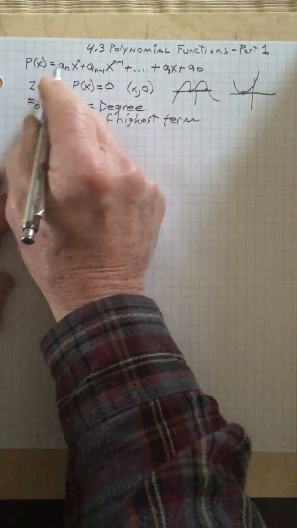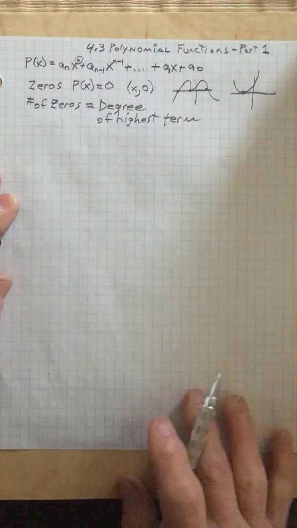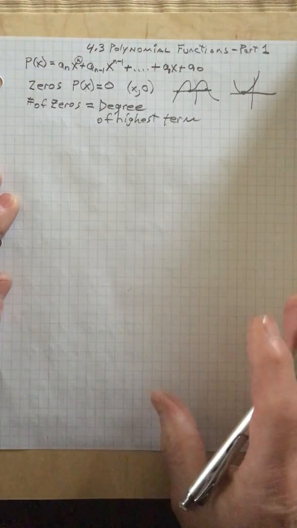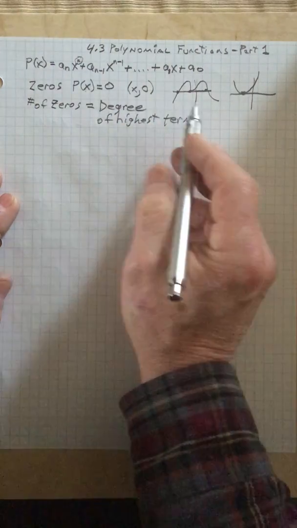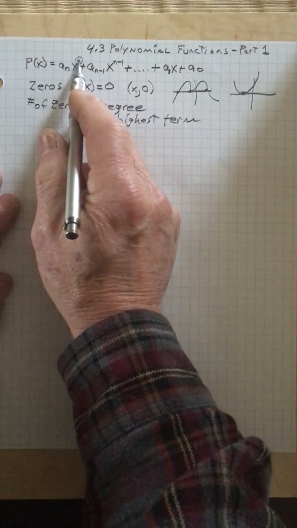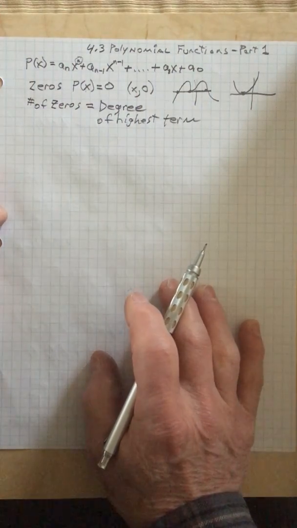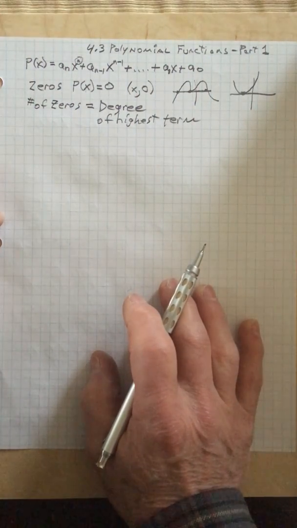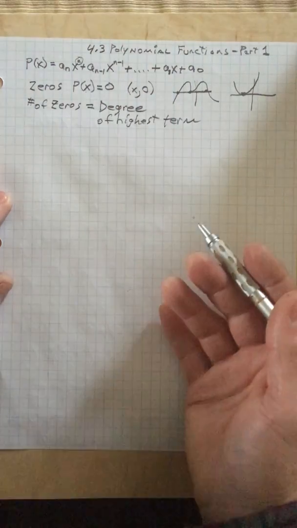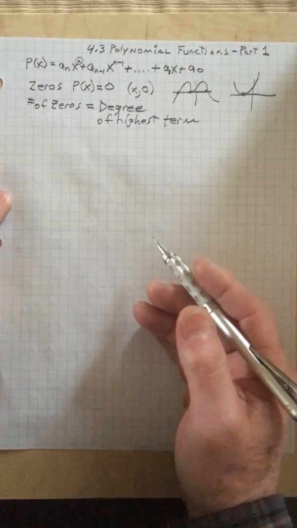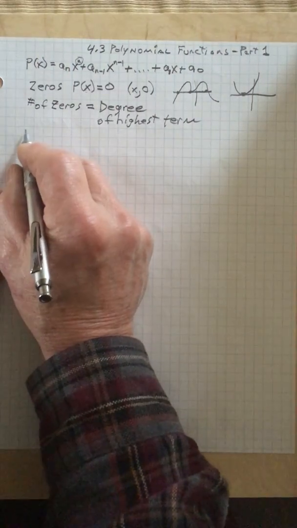So if you got them in descending order, that's going to be the highest term. So look around, whatever the highest degree is, that's the degree of the polynomial. So if that was a 7, I'd have 7 zeros. Now, again, we already talked about this. They may not all be unique. You could have distinct zeros, they might repeat. Okay, that's fine, but they're there. So let's look at an example of that.